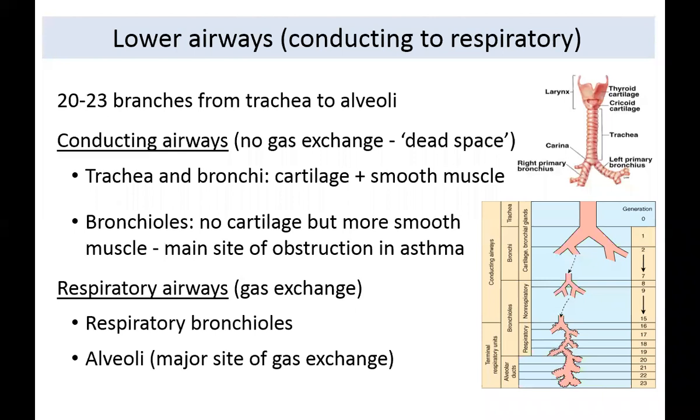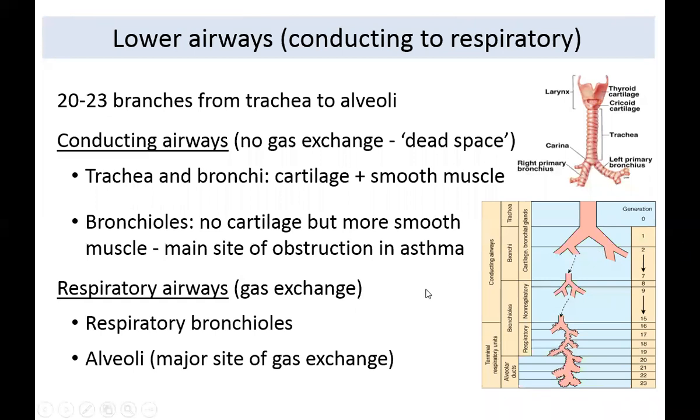In bronchial asthma, the bronchioles are the major site of airway obstruction. Mucus is involved in asthma and is part of the airway obstruction, but it's much more important in COPD. COPD can get obstructed in the bronchi because of large amounts of mucus, but in asthma, almost exclusively the obstruction is in the bronchioles.